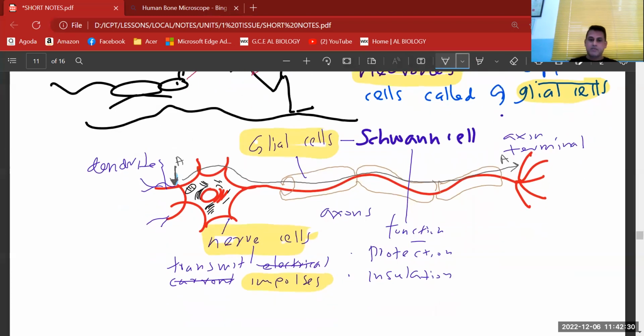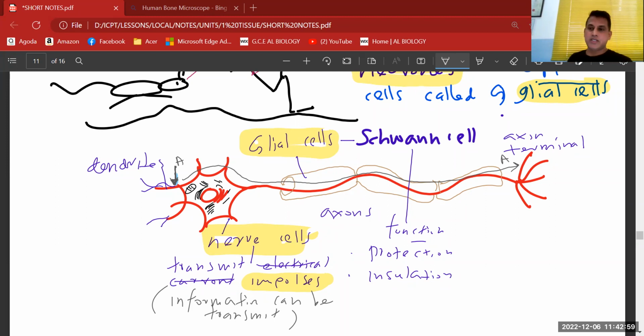So these electrical impulses can carry information and can be transmitted. We will learn everything in the nervous tissues, but these are the basic information about the nervous system.